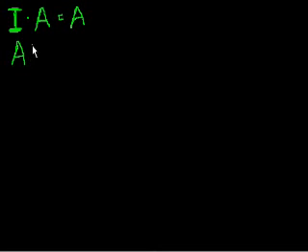An identity matrix is a matrix, and I'll denote that by capital I. When I multiply it times another matrix, I get that other matrix. Or when I multiply that matrix times the identity matrix, I get the matrix again.